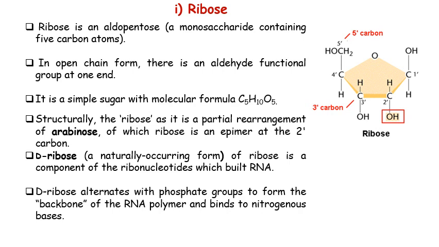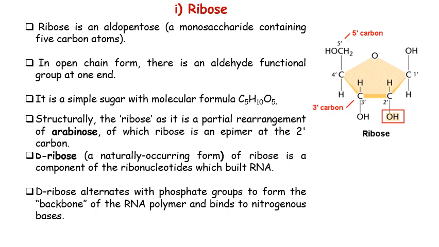D-ribose alternates with phosphate groups to form the backbone of the RNA polymer and binds to nitrogenous bases. So D-ribose is the building block of the RNA polymer, making bonds with the phosphate groups and the nitrogenous bases.